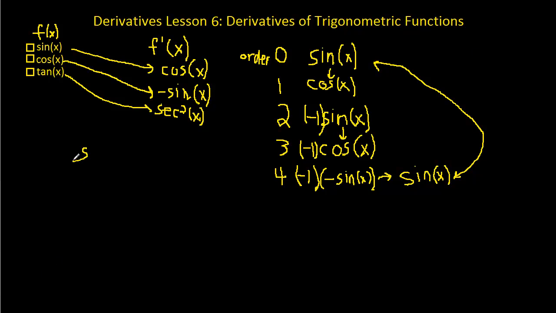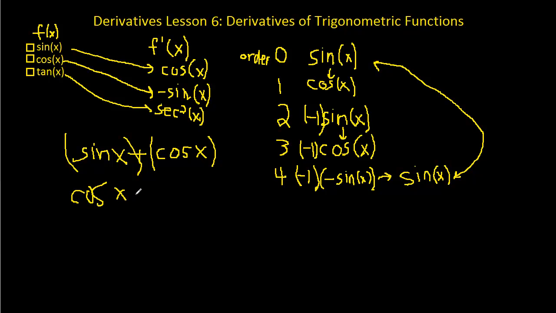Like if you had sine x plus cosine x, if right now you could tell me that the derivative of this is found by splitting these up into two parts, the addition, and looking at them separately, like this: cosine x plus negative sine x, which equals cosine x minus sine x.